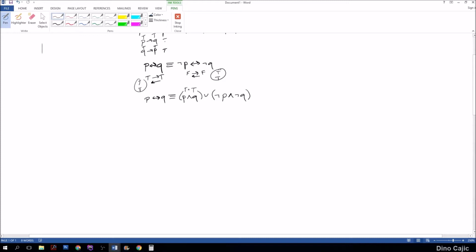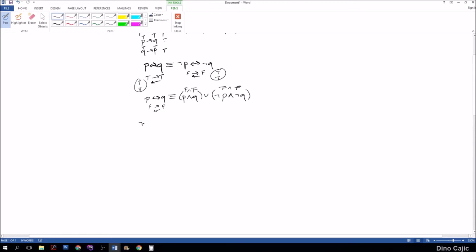That's the only time that this statement can be true. So true and true is true, or the opposite, false and false. True or false is true. So that is equivalent to this. Similarly, if you set both of these to false, the opposite of these is true. True or false, again, comes out to true. And if we look at it from this side, false implies false is true. Implies false from the other side is true as well. So true is equivalent to true.